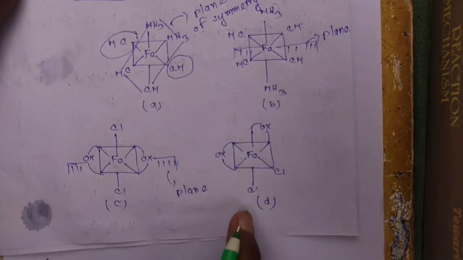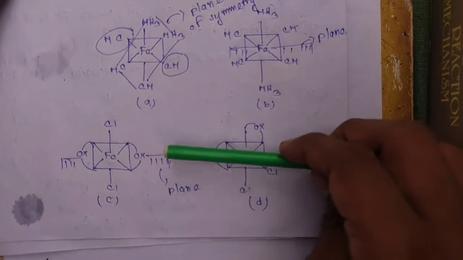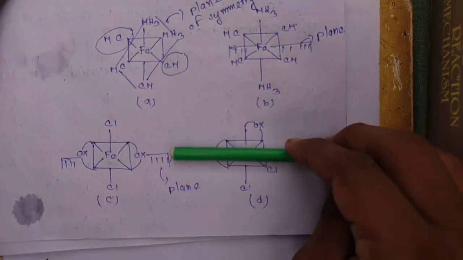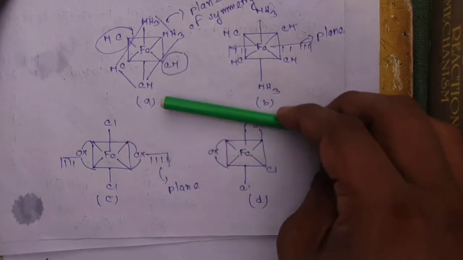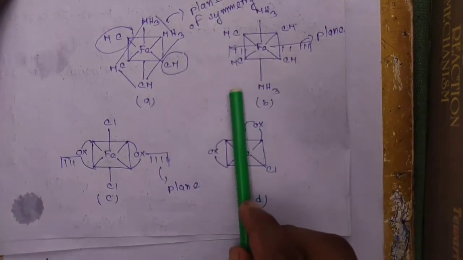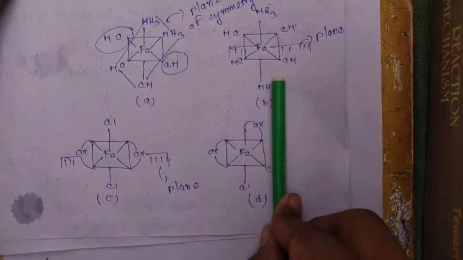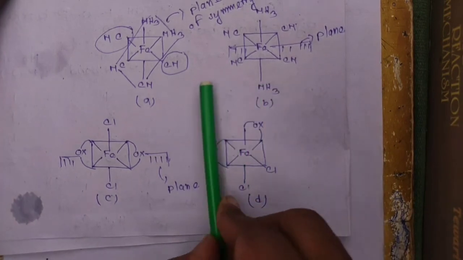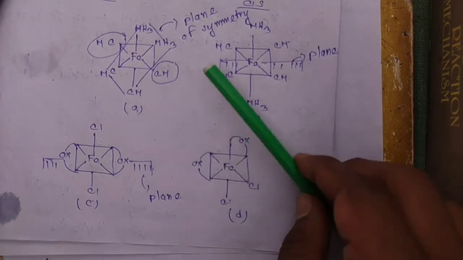But in this compound D, we cannot see any plane of symmetry. If we put this plane like this, it does not work. Below side we have two Cl groups and upper side we have one oxalate group. If we place this plane like this, then on the right side we have one Cl group and on the left side an oxalate group, but there is no Cl group.